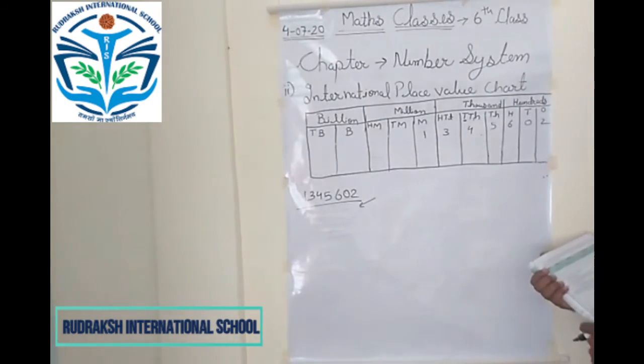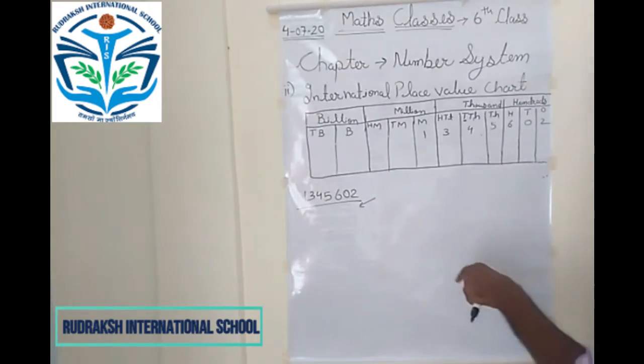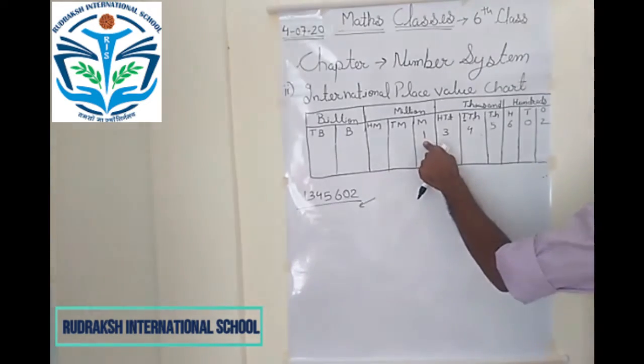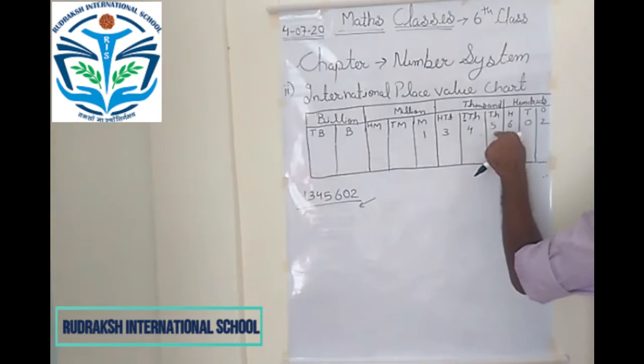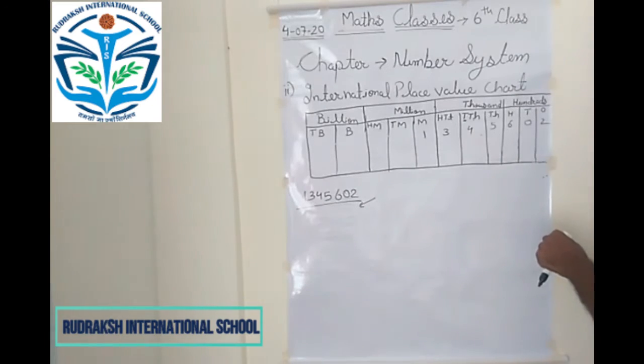So what arrangement have we got here? 1,345,602 will be the sequence.